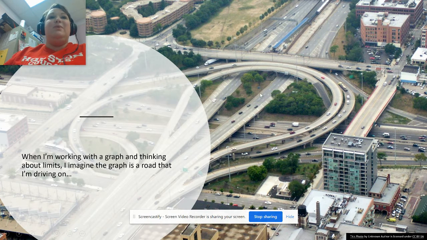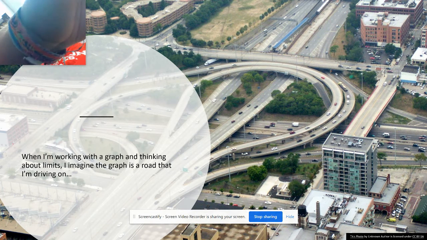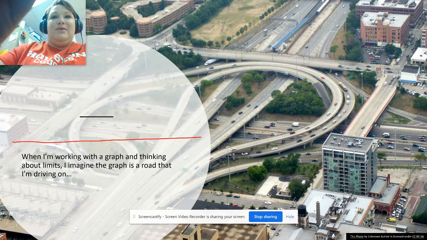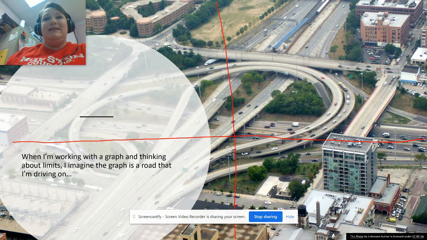So when I'm working with a graph and thinking about limits, I imagine that the graph is a road that I'm going to drive on. So here's our beautiful highway interchange. I don't know what city this is in. I just pulled a random picture off the internet. So let's just throw an x, y axis in here.